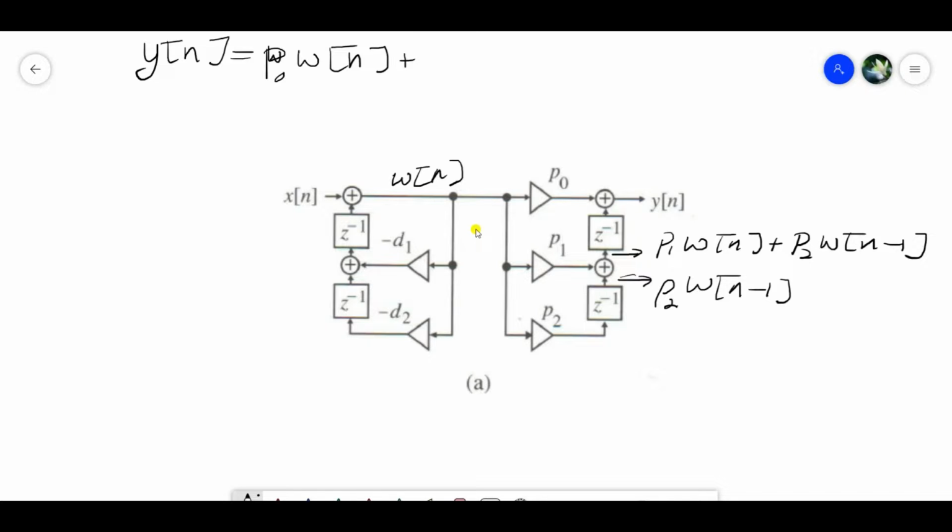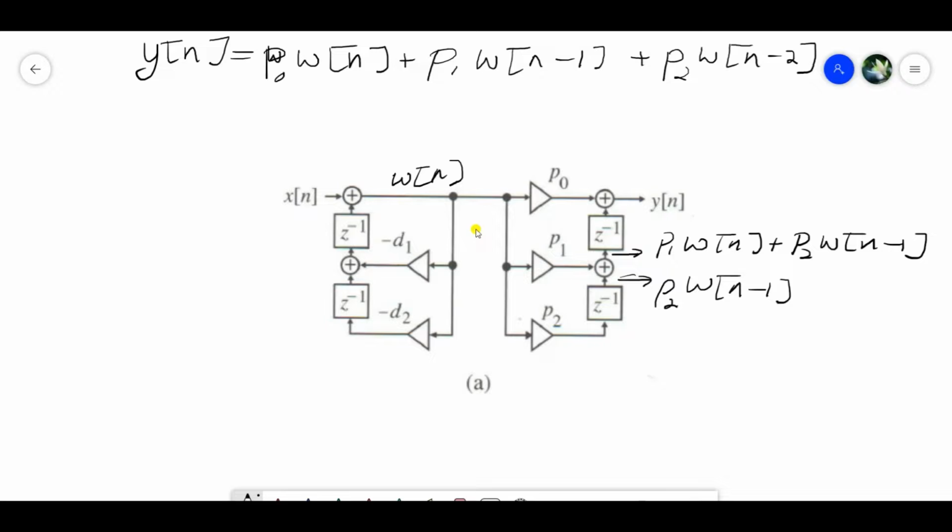And then all of this goes into a unit delay, and then it goes into the summing junction for the output of yn. So we delay all of these terms. So here you get P1 wn minus 1 plus P2 wn minus 2. So there you have it. You have yn in terms of wn. But we want yn actually to have xn, right?